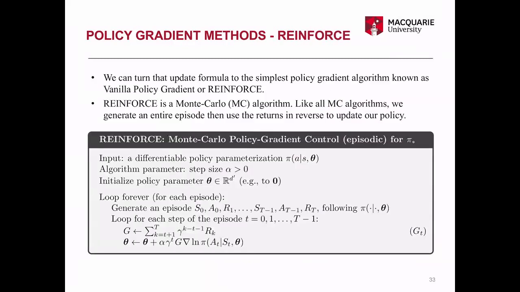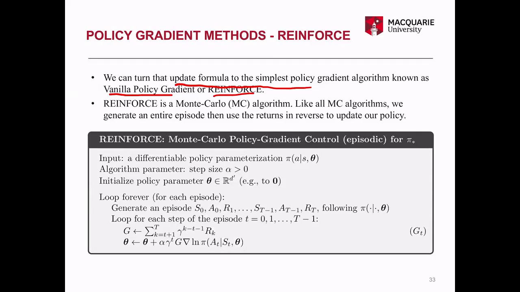All right. So again, we can turn that update formula into the simplest policy gradient algorithm known as vanilla policy gradient or reinforce. And reinforce is a Monte Carlo algorithm, right? So you remember that we had a Monte Carlo algorithm in week 6. It was the first visit on-policy Monte Carlo algorithm. And this is very similar to that because it's Monte Carlo.